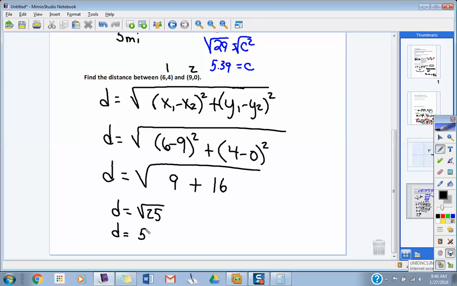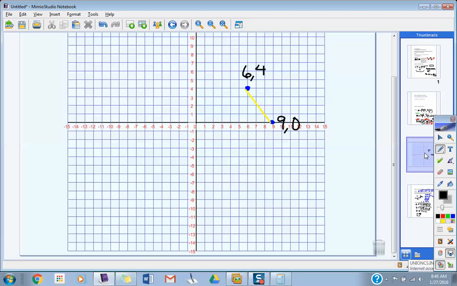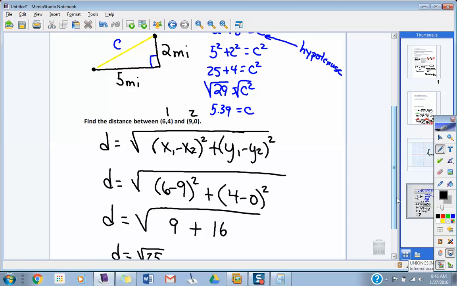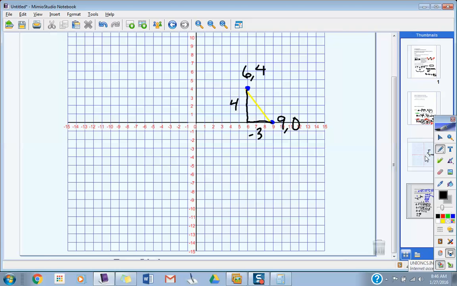I want to show you something real quickly. If I go back to the drawing, going from the point here to the point here, I would have to go backwards 3 and then up 4 to get there to form that triangle. So this is like a 3 value, right? Since I went left, it's like a negative 3. Agree with that? And then we went up how many units here? Check this out. Guys, within that formula, what was the 6 minus 9? That was negative 3. That was that value right there, right?